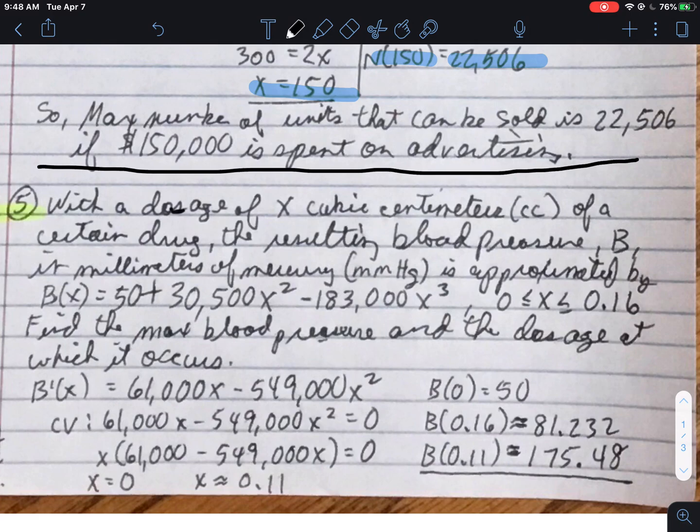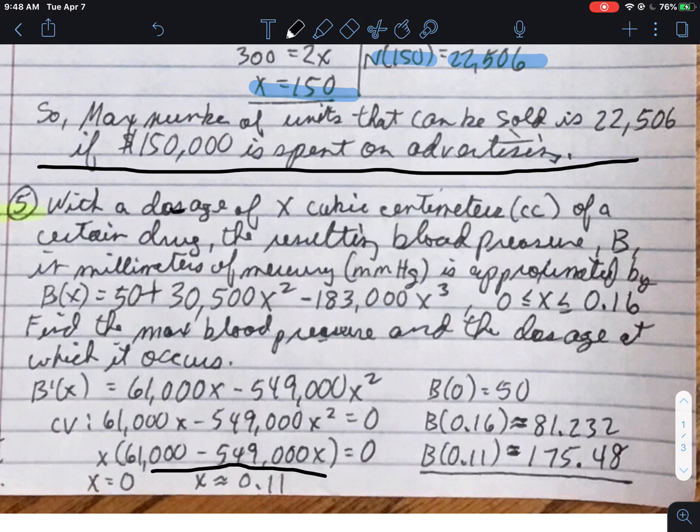Again, this is a polynomial function. Numbers are a little bit larger, but no big deal. Simple power rule, finding B prime. And I've got 61,000x minus 549,000x squared. Find my critical values, set that equal to 0. I went ahead and factored out the x. And then the other factor, if you set this equal to 0, you will get approximately 0.11.